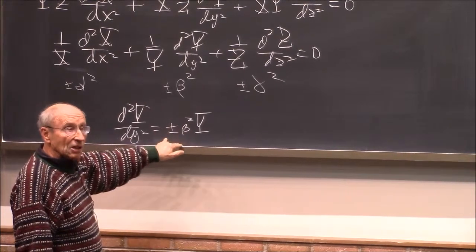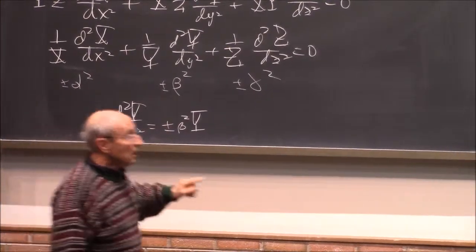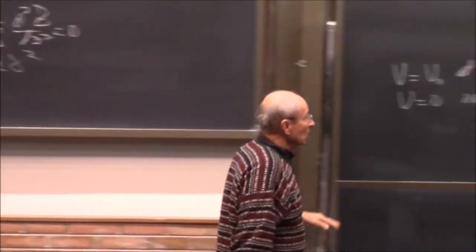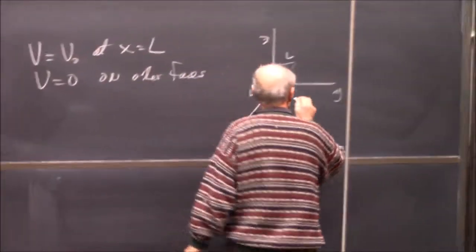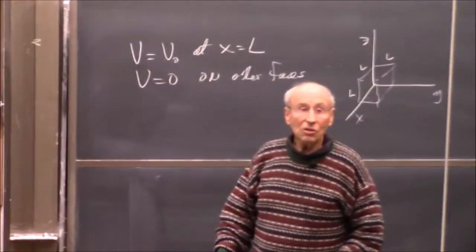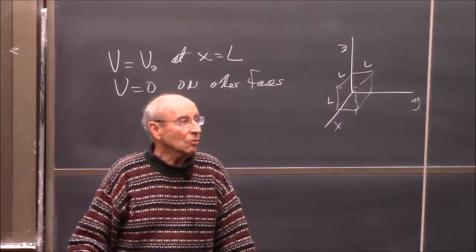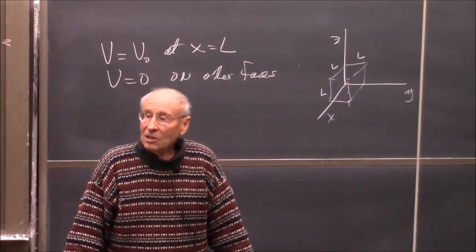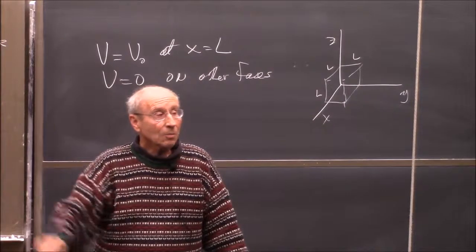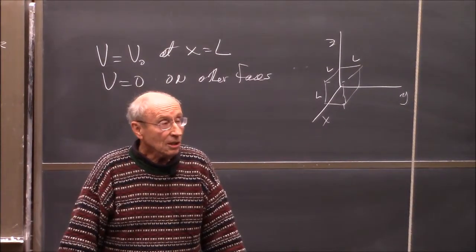If you took a minus sign, you got sines and cosines. And we needed to have the function 0 at y equal to 0 and y equal to L. Exponentials won't do that. They can be 0 at one point, but not at 2. But sines and cosines are periodic, and so you can make it 0 at both points easily.